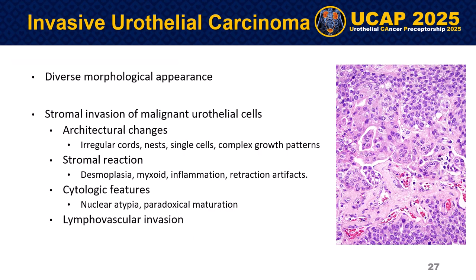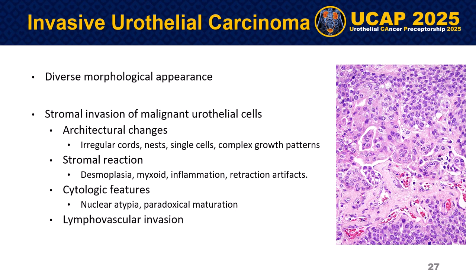Invasive urothelial carcinomas are known for their diverse morphological appearance. As alluded to earlier, they can be flat and infiltrative, exophytic and polypoidal, or papillary. The common diagnostic feature is the presence of stromal invasion, identified by irregular angulated cords, nests, or detached single cells lying within the stroma.